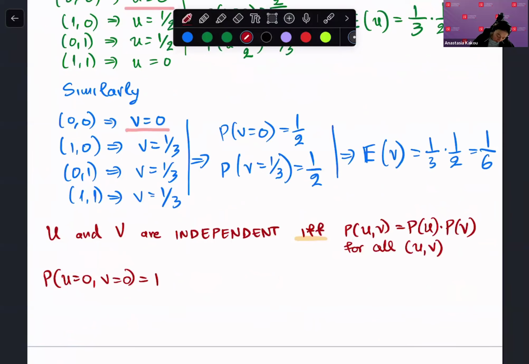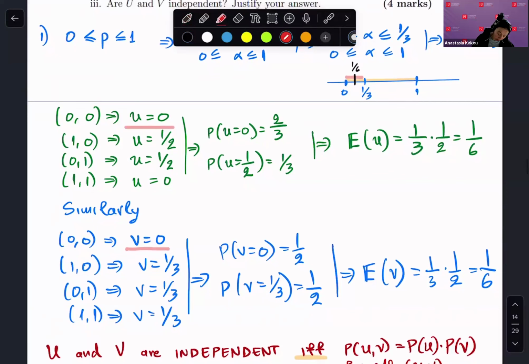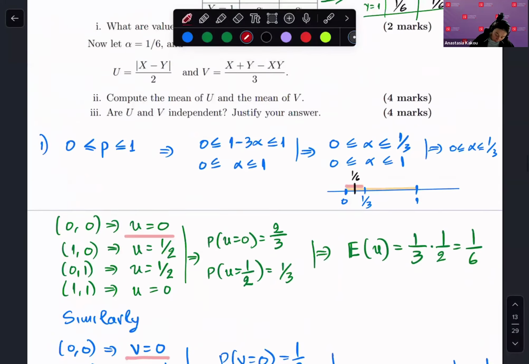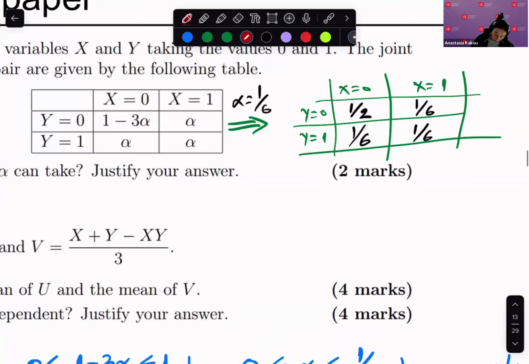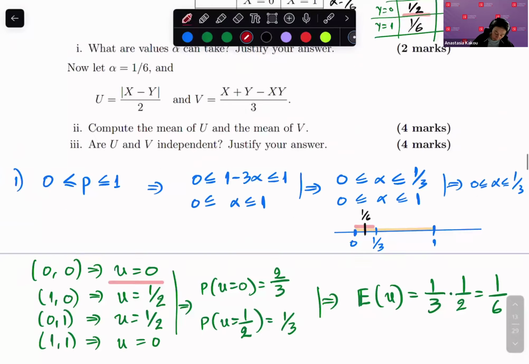There is no other case when this can be true, because for instance here, if u equals 0 there, v is not equal to 0. So this is the only case that both variables are equal to 0. And from that joint distribution, if we go back to that table now, that is the case here. So that is equal to a half.